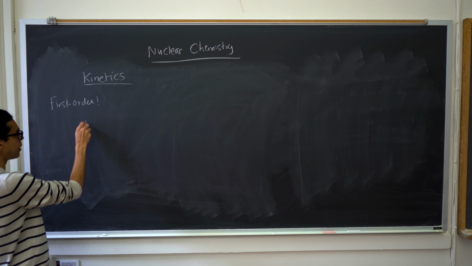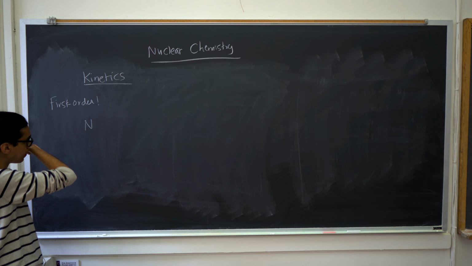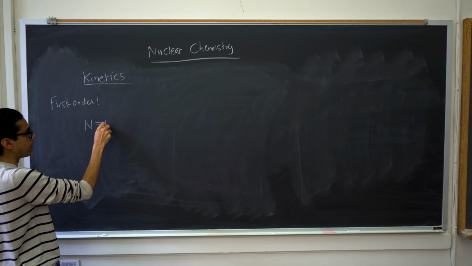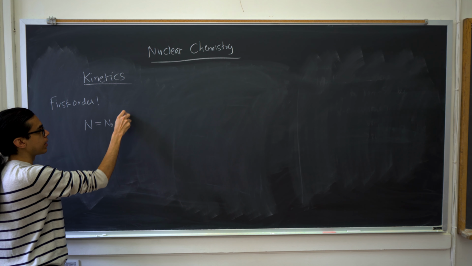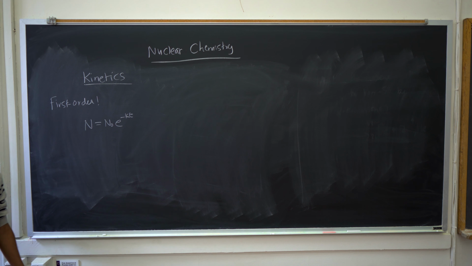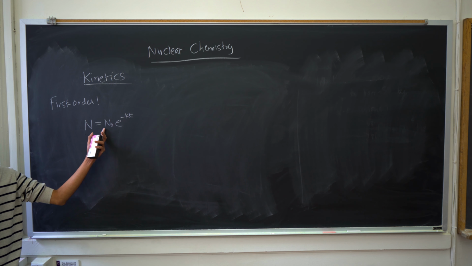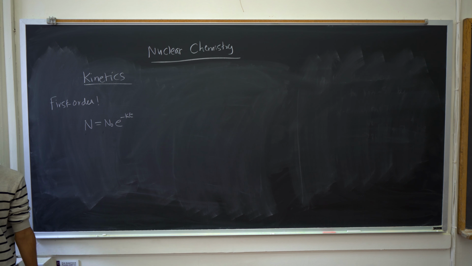As a reminder, this was the first order reaction equation. N equals N naught e to the minus kt. In chemical kinetics, we might have had A, concentration of A, right? I'm just replacing that with N here, N for nucleus.